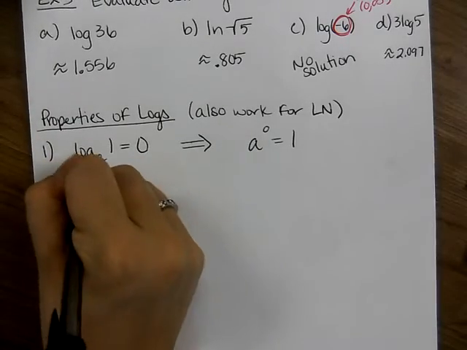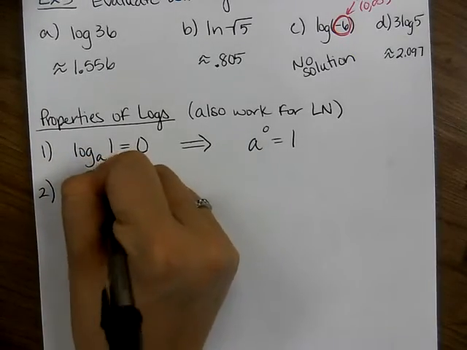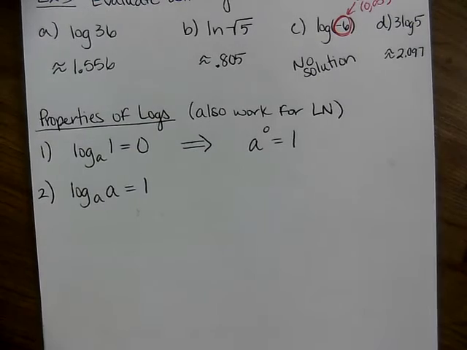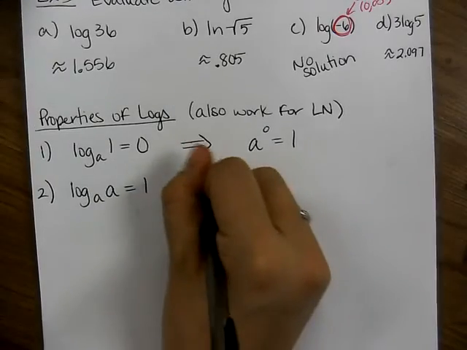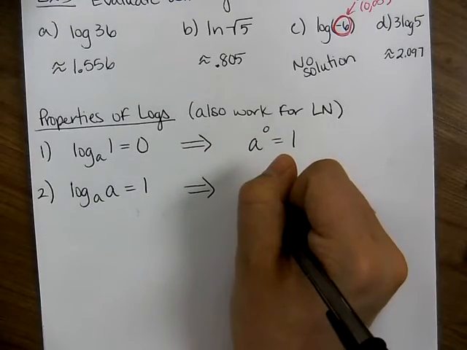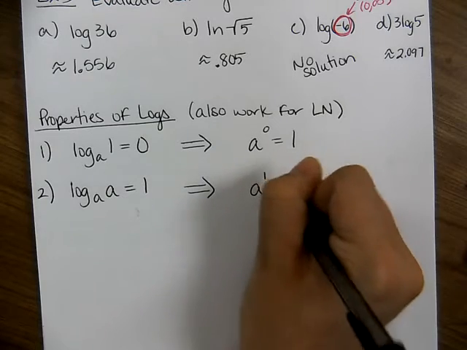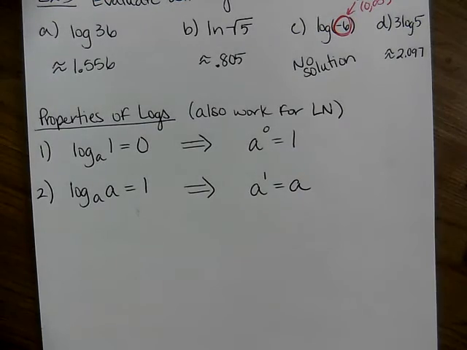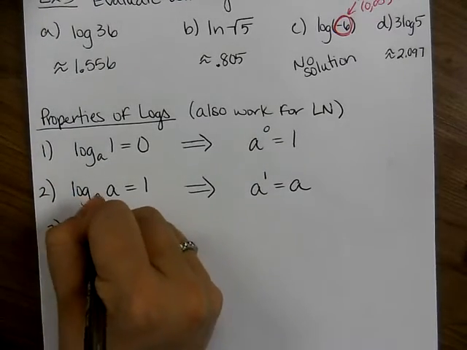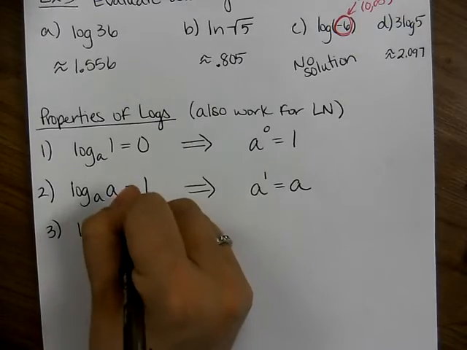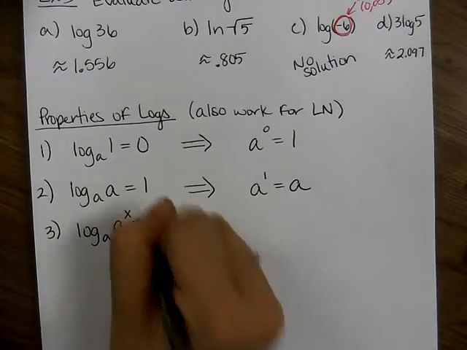Number 2, log base a of a equals 1. And all of these logs you can replace with natural log. So that is because when you change it to exponential form, a to the first power has to be itself. Property 3 says log base a of a to the x will always give you x.